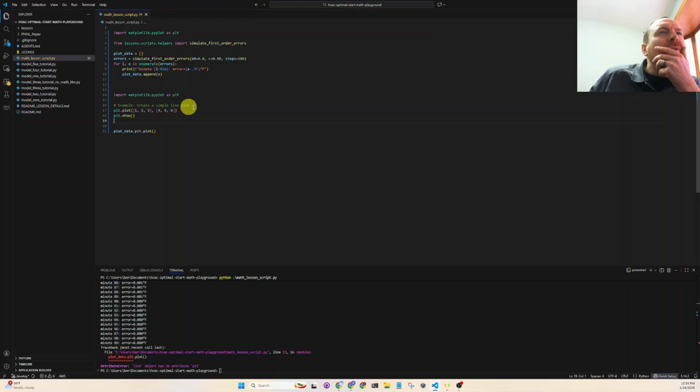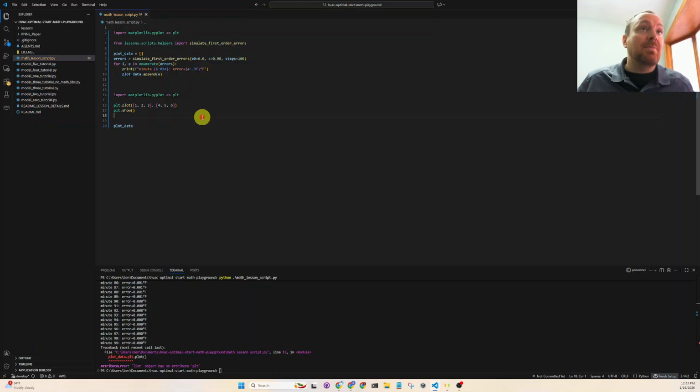Okay, so this will return, so it looks like matplotlib expects data in a list form. So if we put that in here, I almost think we can just go like that too. All right, let's try this.